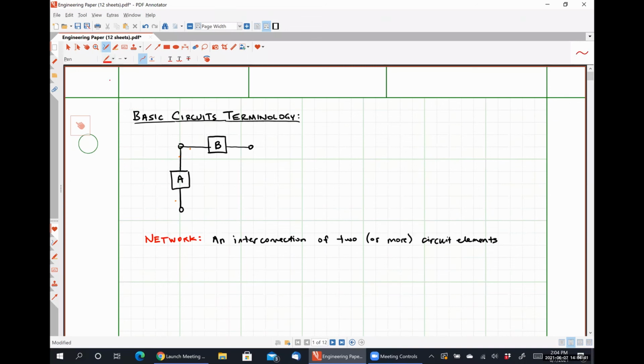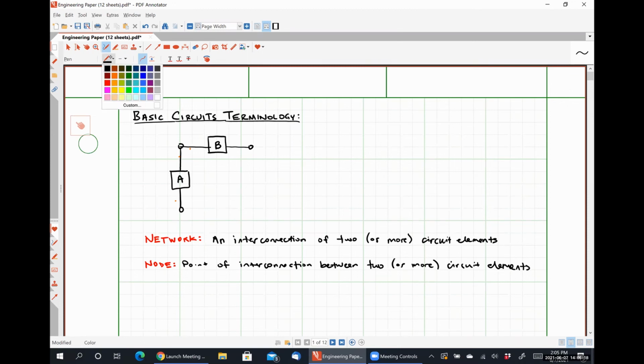And another definition that we can introduce right here is that of a node. Okay. So a node is a point of interconnection between two or more circuit elements.